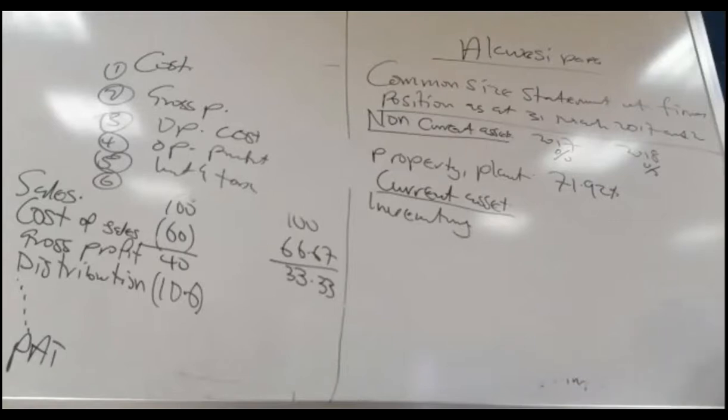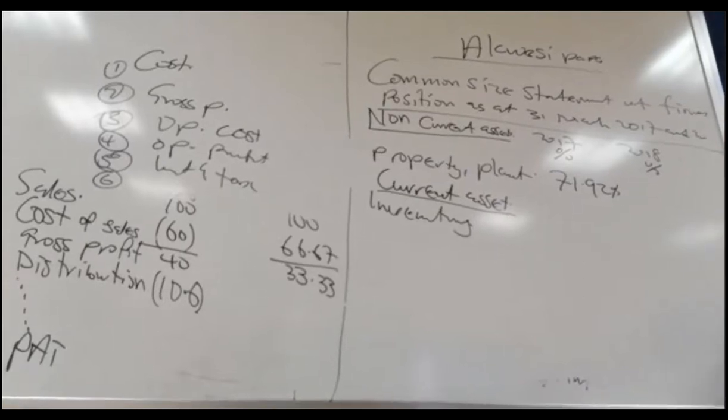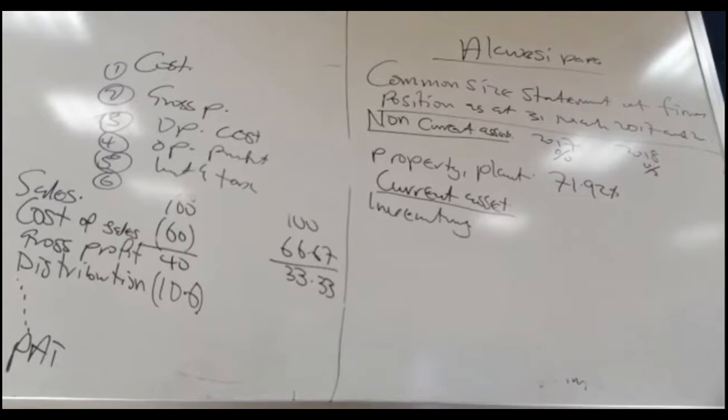This suggests that the company, the cost of sales to sales ratio has moved from 60% to 66.67%, which represents a deterioration in profit.